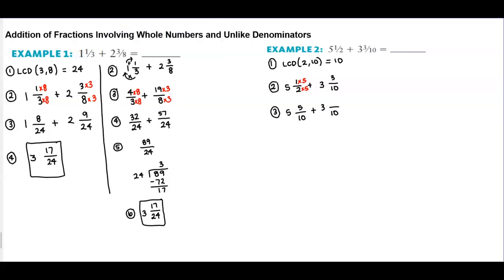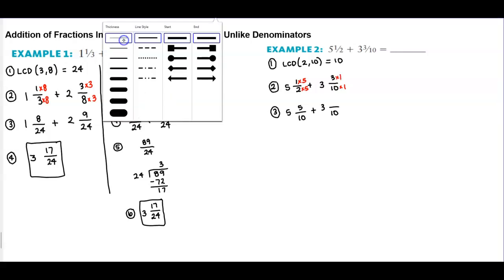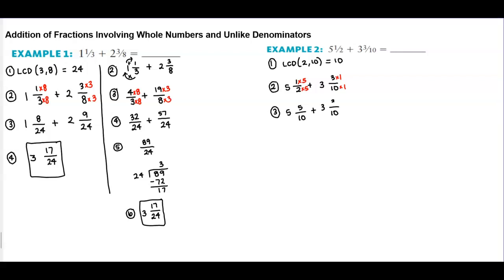Next, we have 10 divided by 10 is 1, so 10 times 1 is going to give us 10. And then 3 times 1 is going to give us 3. So now let's go ahead and combine. So we're going to take 5 and add 3, which gives us 8. And then in the numerator, 5 plus 3 is going to be 8 over 10.